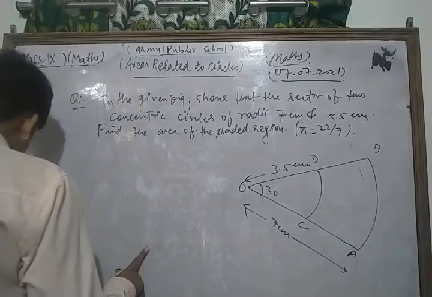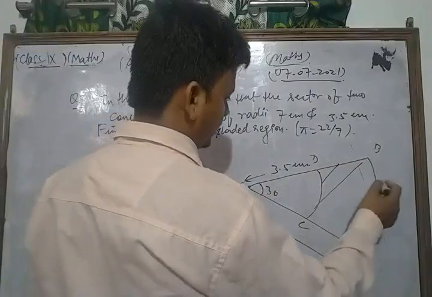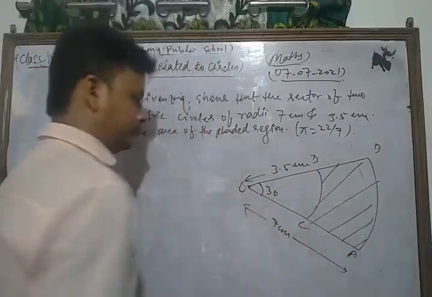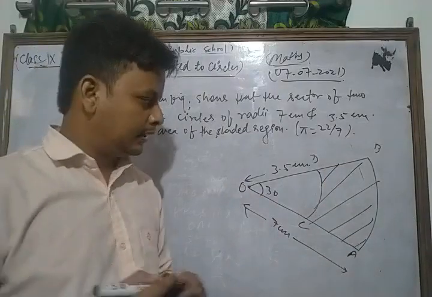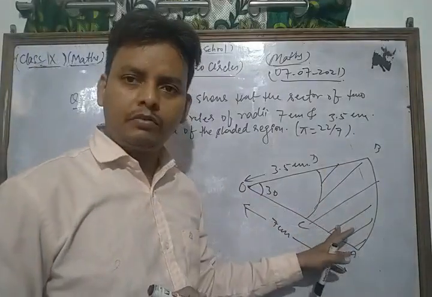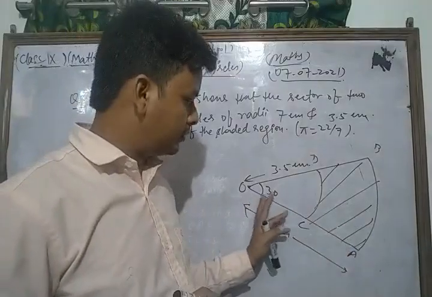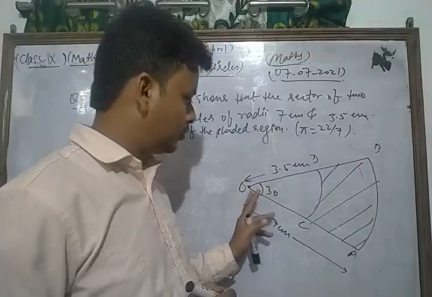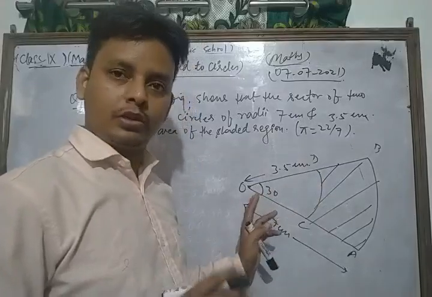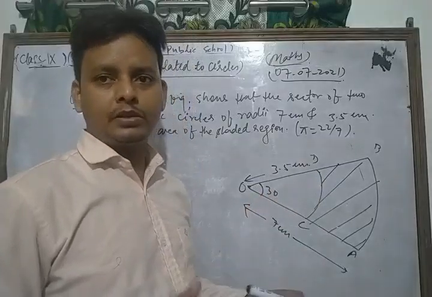You just find the area of the shaded region. That portion is shaded. Now, dear student, we will find the area of the shaded region as the difference of the area of sector OABO minus the area of sector OCDO. Is it clear? So we apply that concept and simplify.